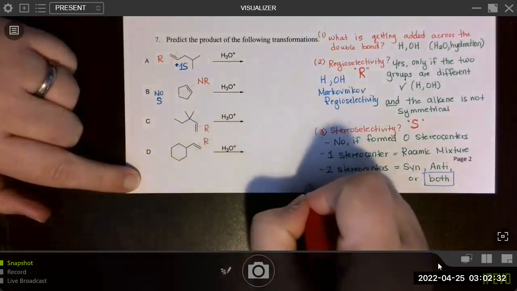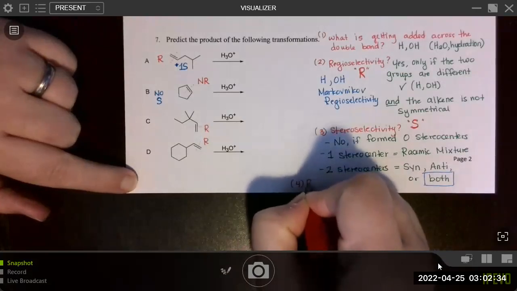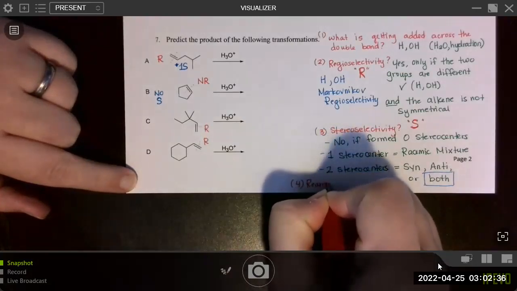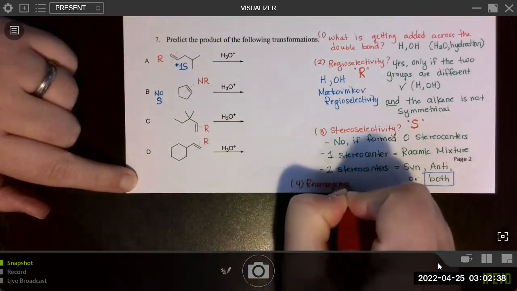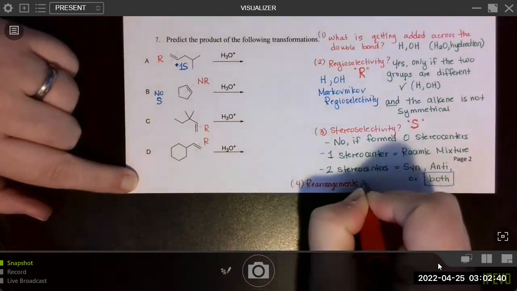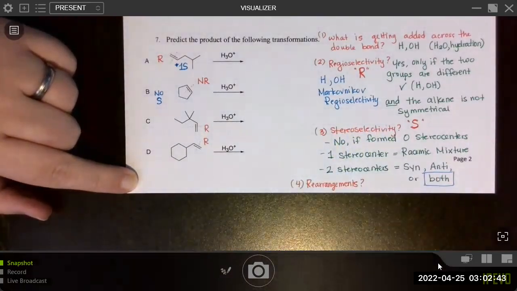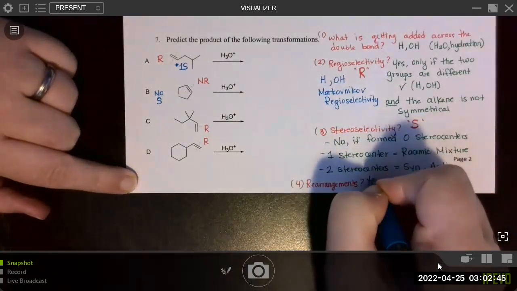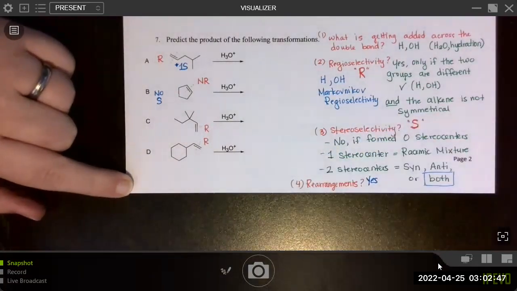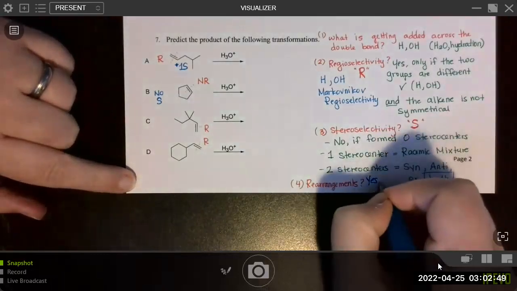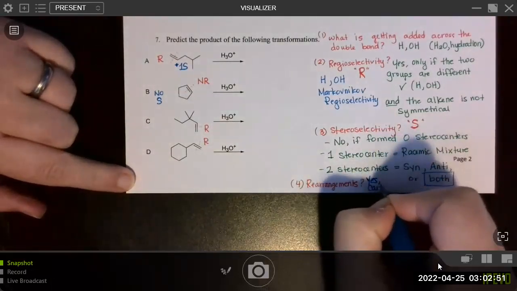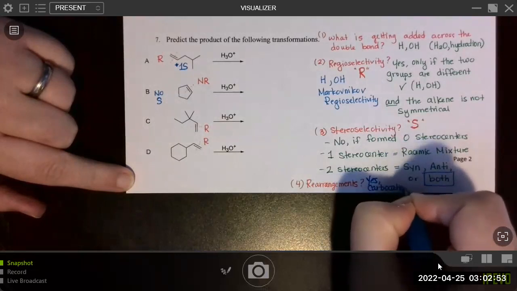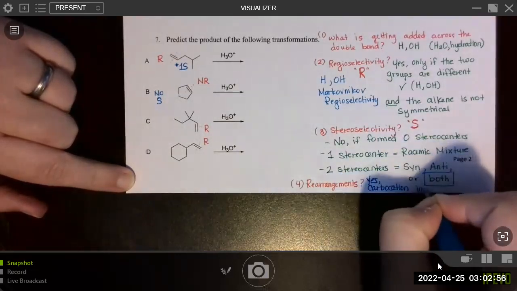So we'll put number 4, rearrangements. In this case, we do need to consider rearrangements because this is a reaction that goes through a carbocation intermediate.